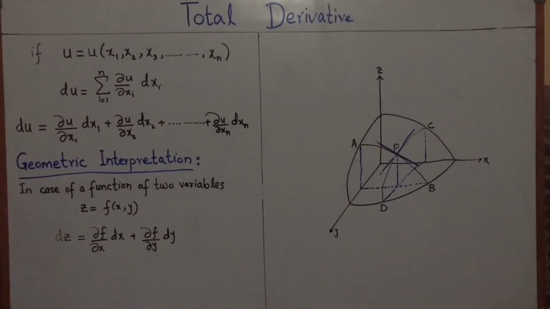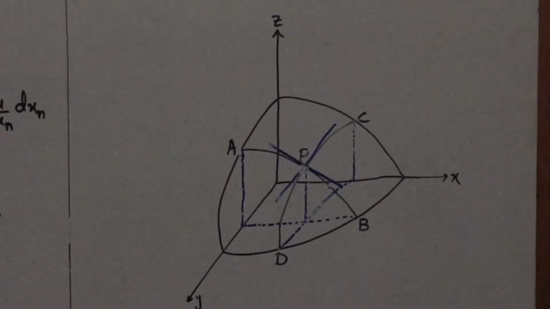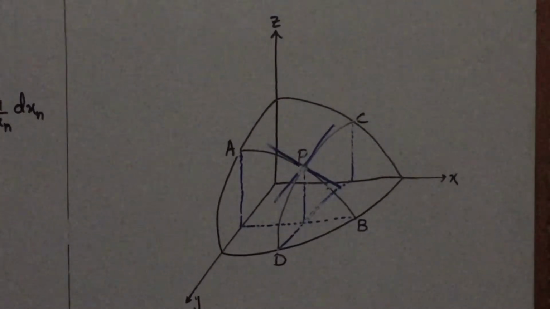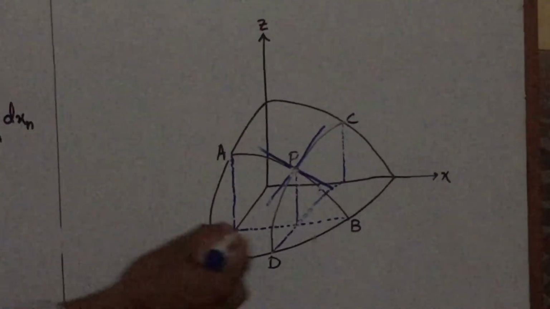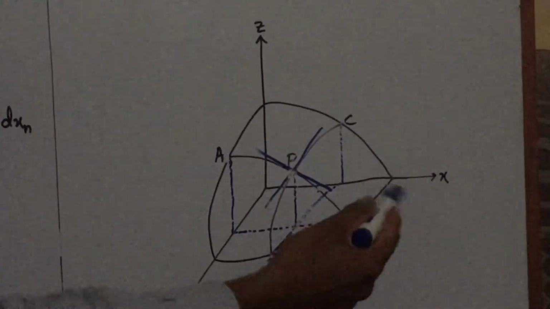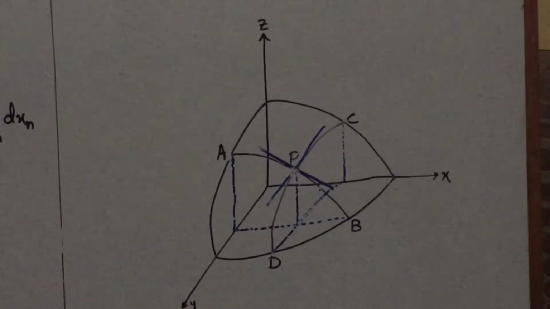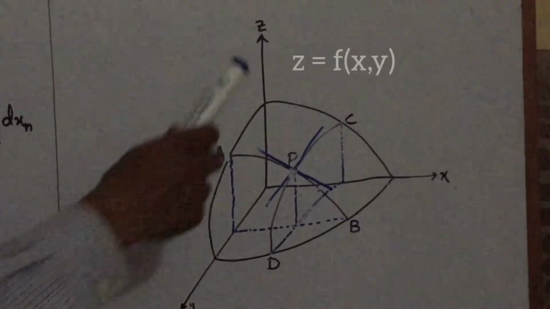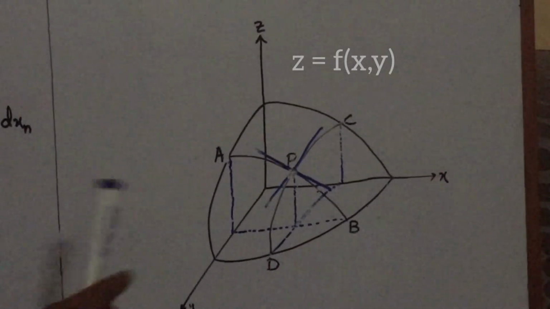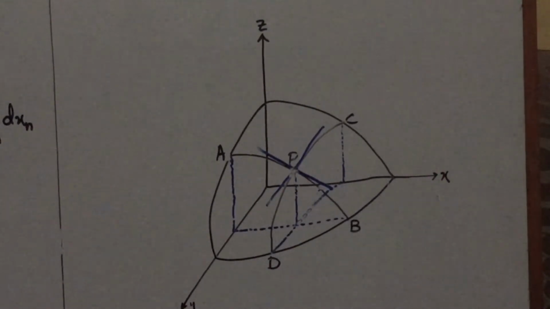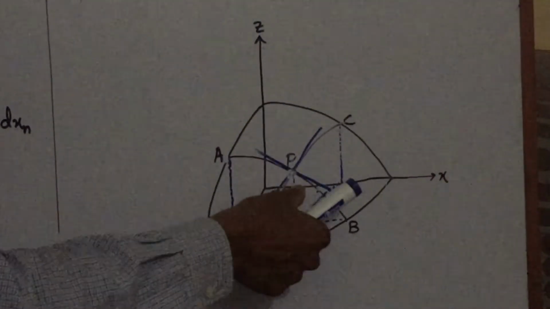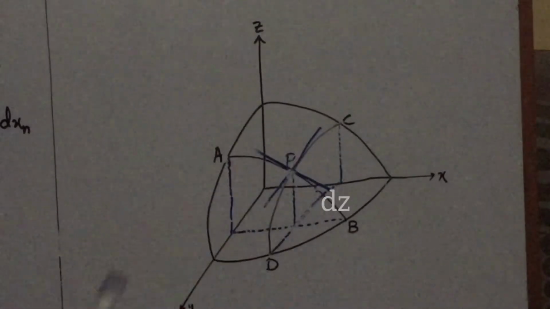So you see we have a graph, with three axes here, x, y, and z, and z is a function of x and y, and we want to know the total change in z. This is like the height dz.